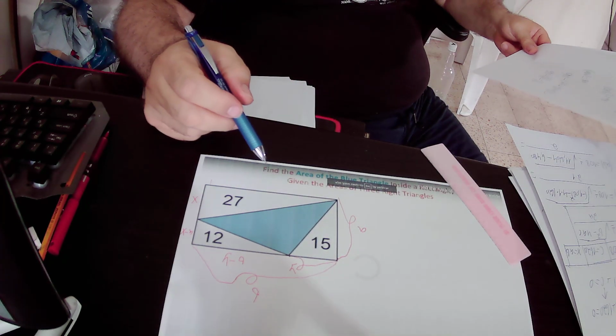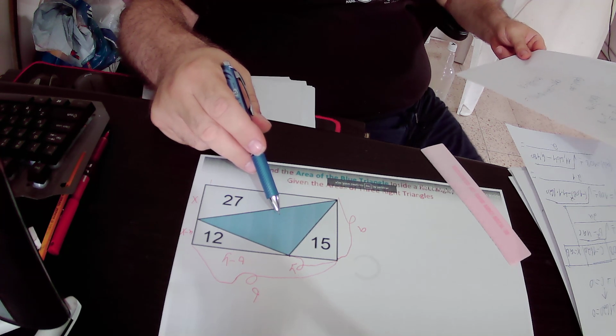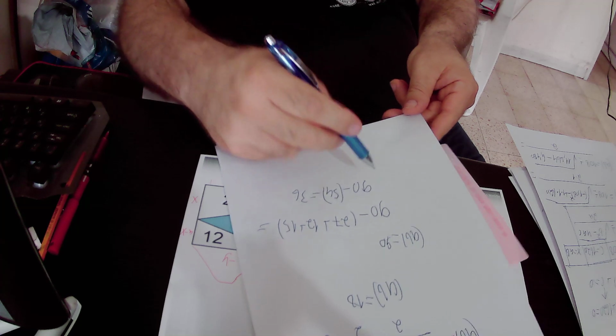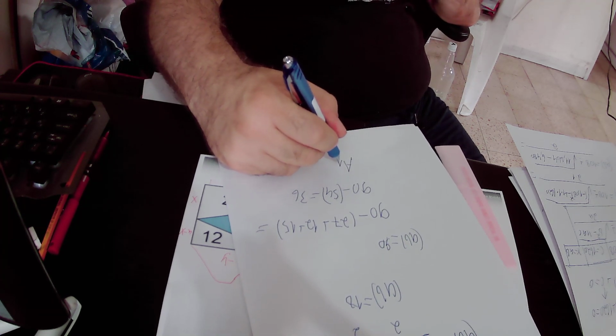So the area of this blue triangle equals 36 units.